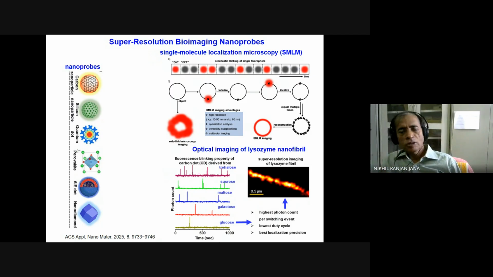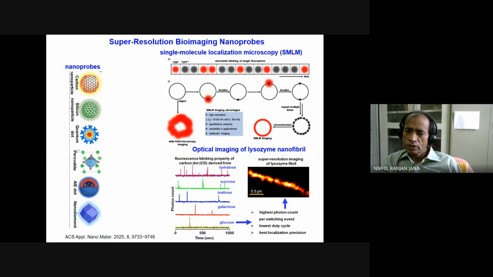But using the super resolution approach, you can use the same light microscopes, but with different techniques, we can image nanomaterials. So this is a type of super resolution microscopy where nanoprobes, which have fluorescence blinking property, can be used for super resolution imaging of nanoparticles.